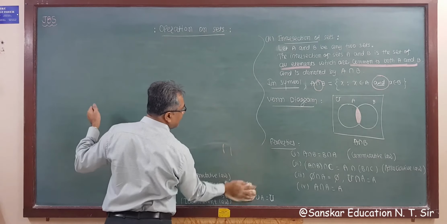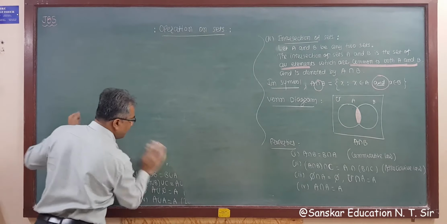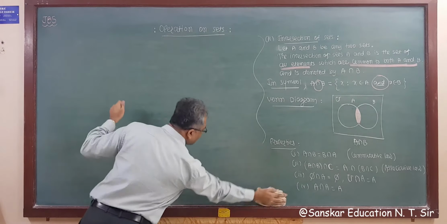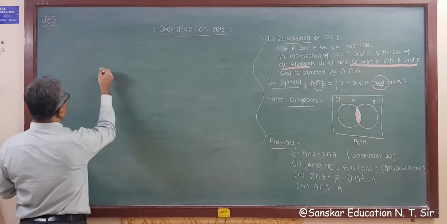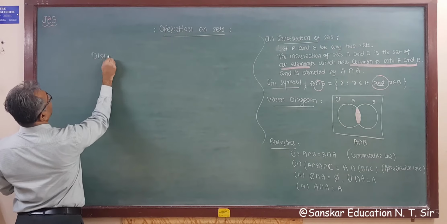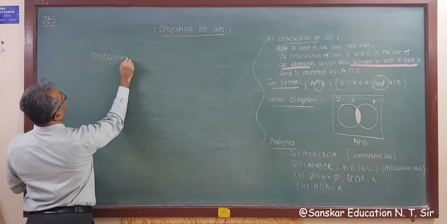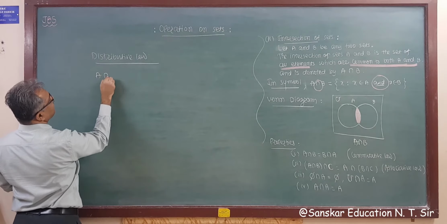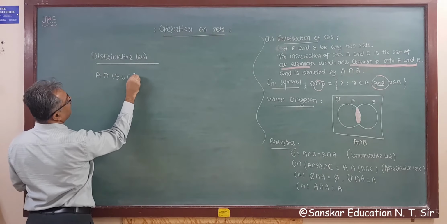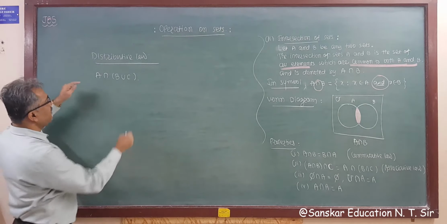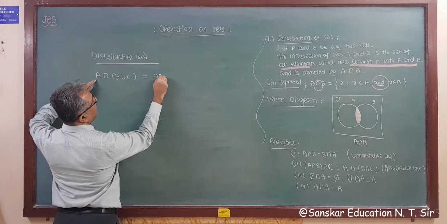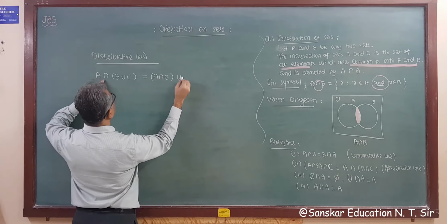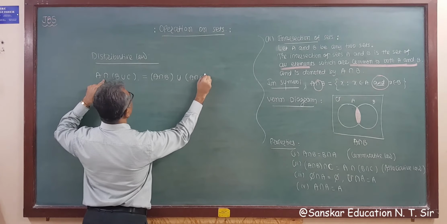I am writing those distributive laws here. So the first distributive law: A intersection (B union C) is equal to (A intersection B) union (A intersection C).